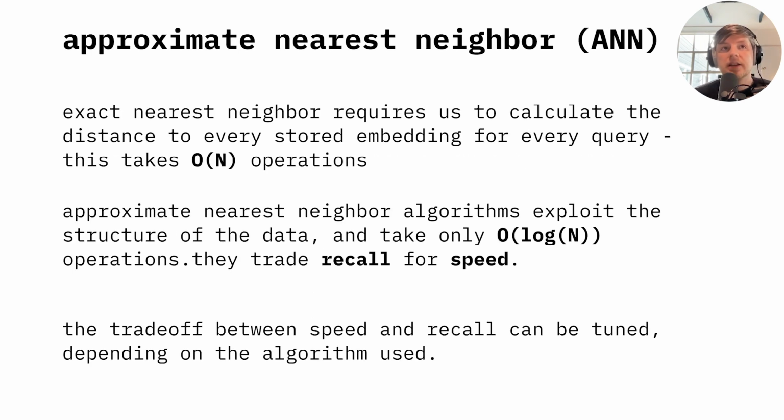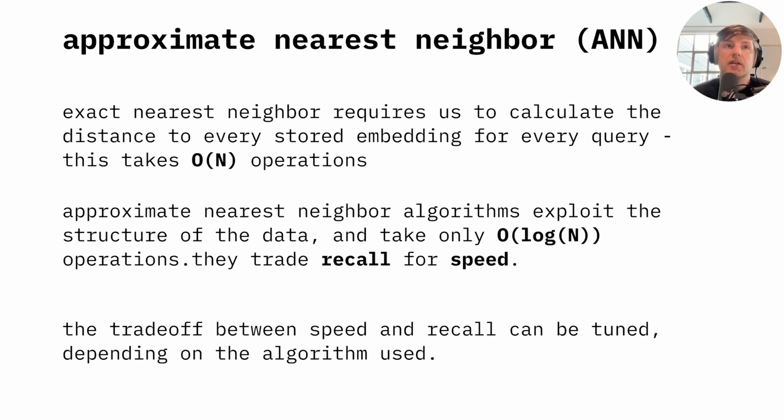So how exactly do embedding stores and vector databases deal with large amounts of data without incurring the costs of computing distances between the query and every single embedding that it stores? Well, as we've seen, exact nearest neighbor basically requires us to scan over the entire list of embeddings and compute the distances to each one.